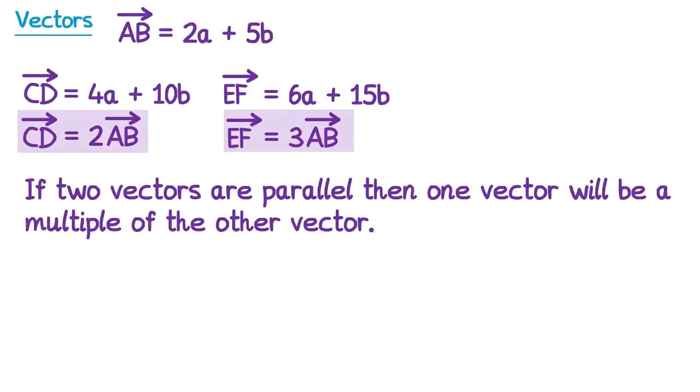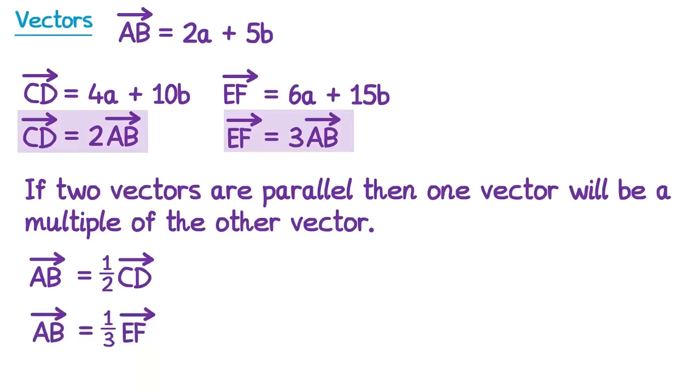These weren't the only ways we could have written these down. If CD was twice as long as AB, then we could write that AB was half as long as CD. If EF was 3 times as long as AB, then we could write AB is 1/3 of EF. And you could even write down statements linking the vectors CD and EF.